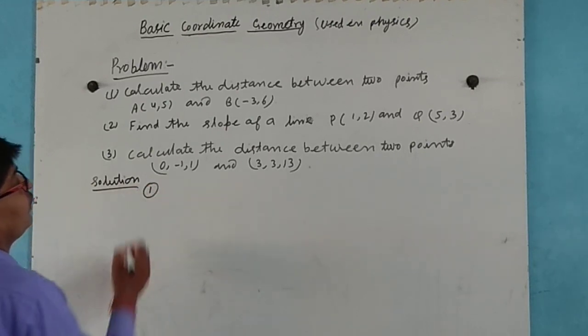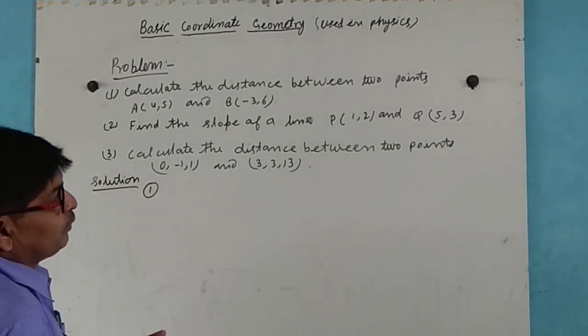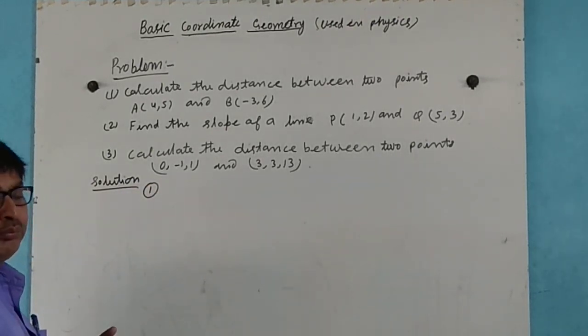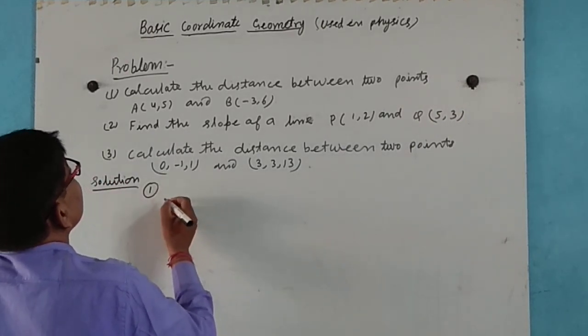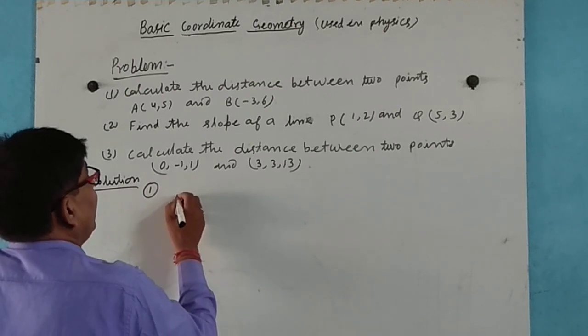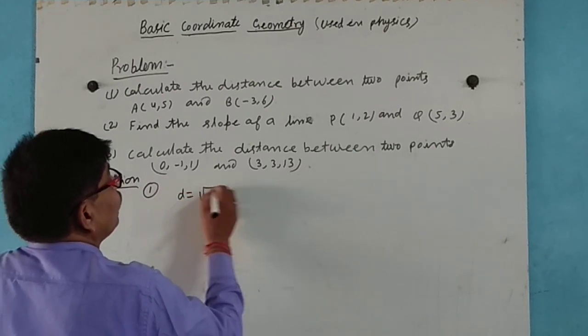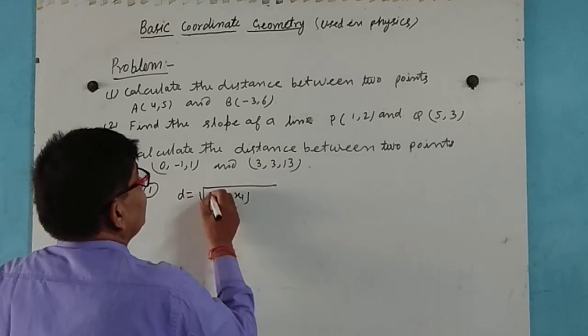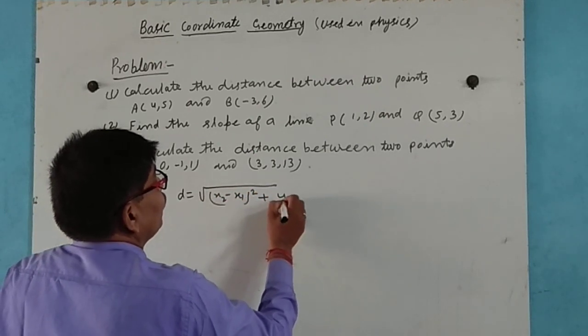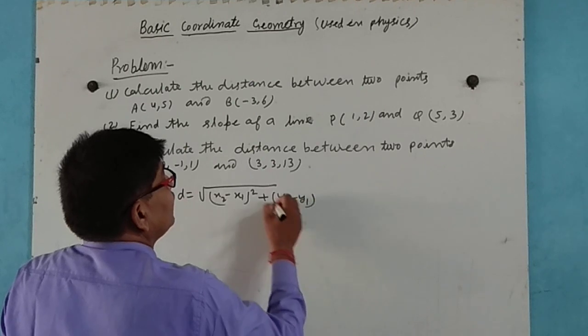Solution. First, calculate the distance between 2 points A and B. So the distance AB equal to d. As we know that d equal to under root x2 minus x1 square plus y2 minus y1 square.